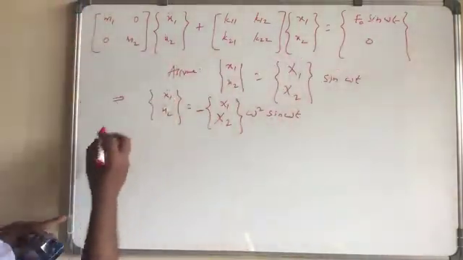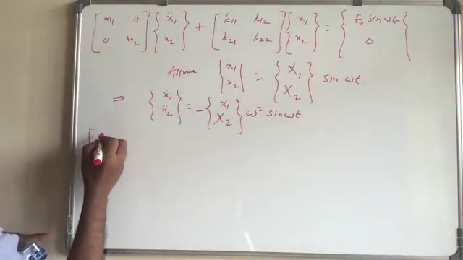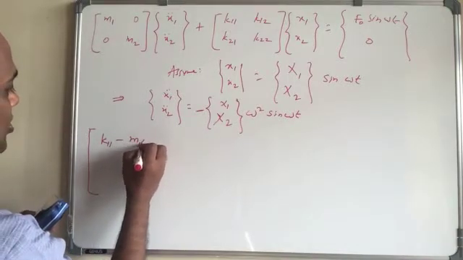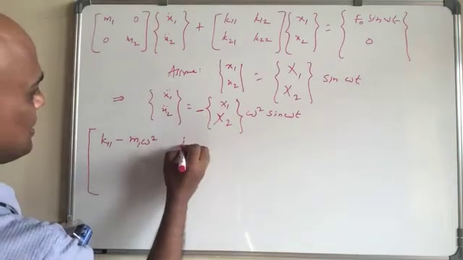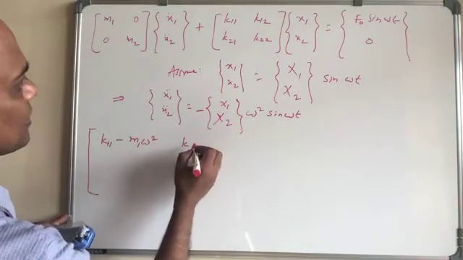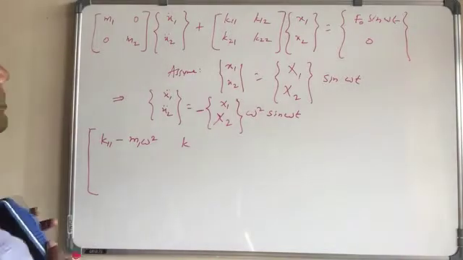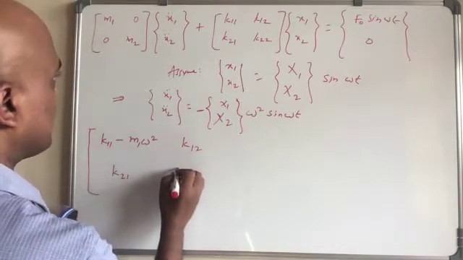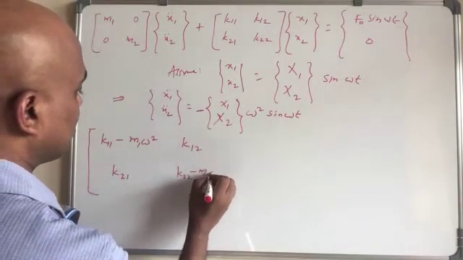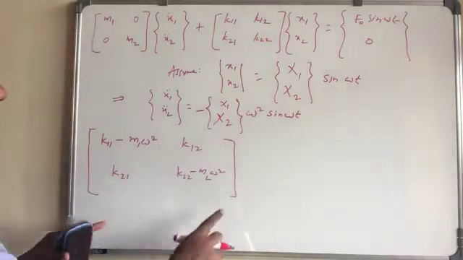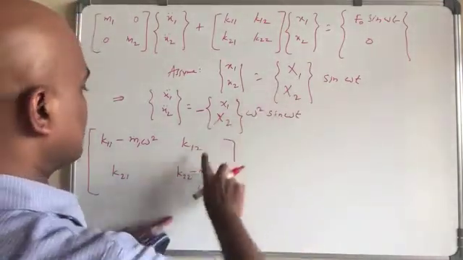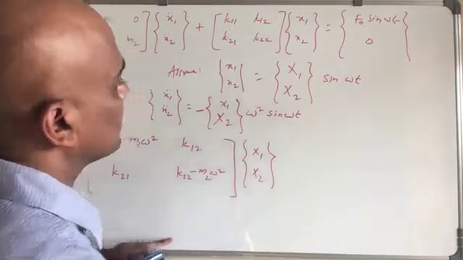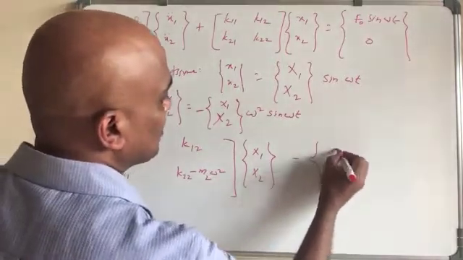So the equation we will get is k11 minus m1 omega square, then k12, k21, then k22 minus m2 omega square, multiplied by x1, x2, is equal to F0 and 0.